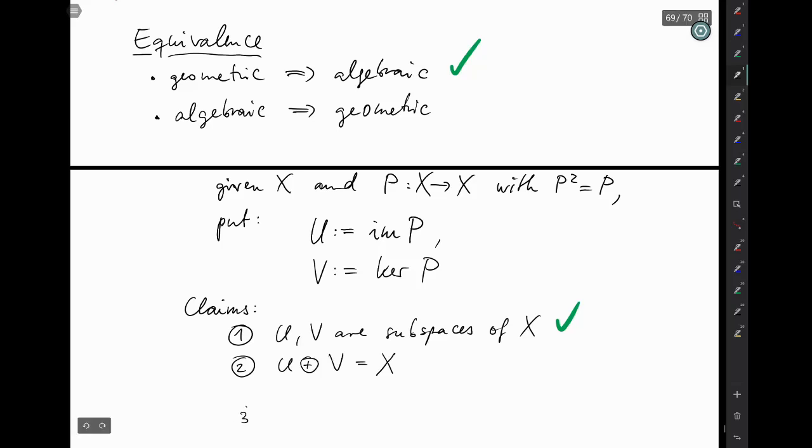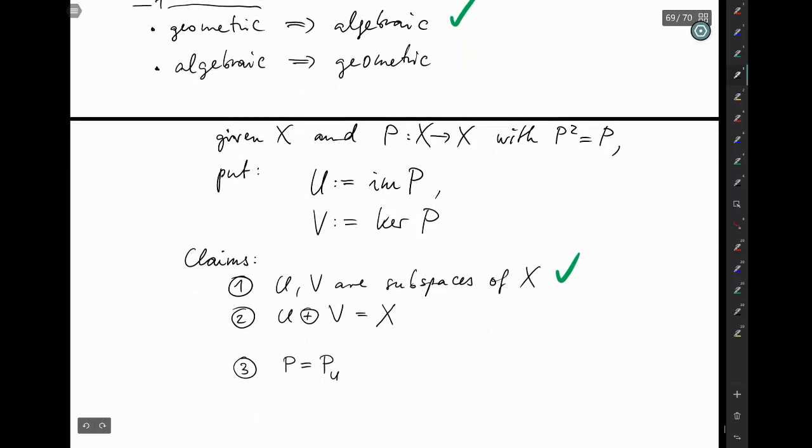Okay, and then as a third claim, we could ask whether or not P is what we called PU before. And if that's the case, then we could certainly ask, what about PV?